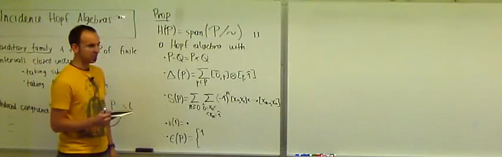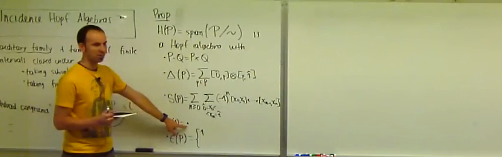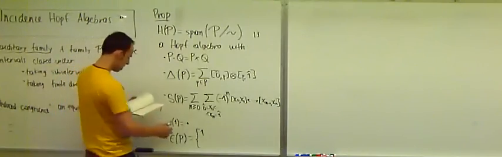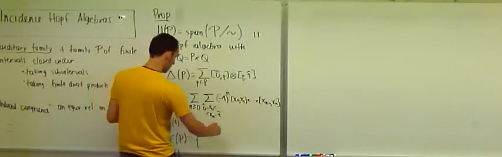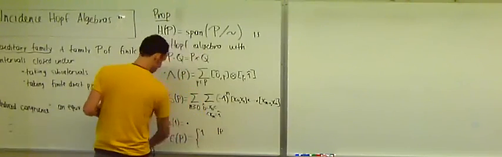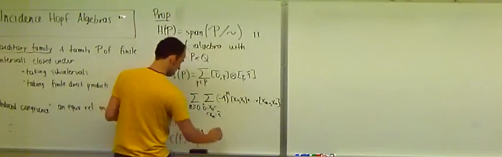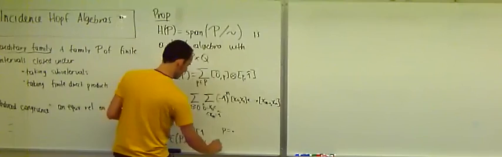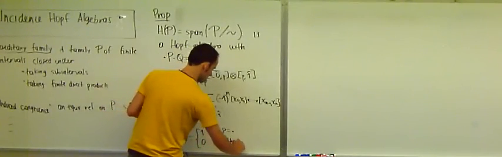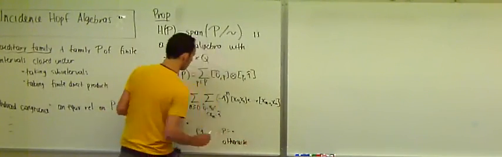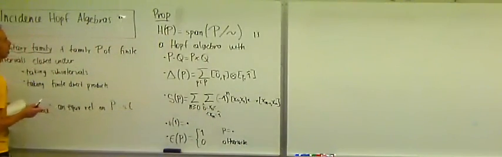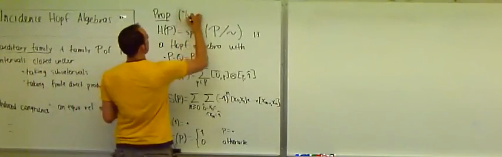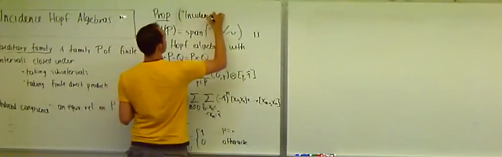Okay, and if so, then this is actually well defined. So epsilon of a poset is going to be 1 if the poset is a single element and 0 otherwise. Okay? And so this is the definition of an incidence Hopf algebra, something that arises like this.